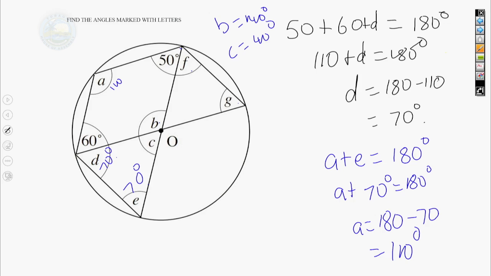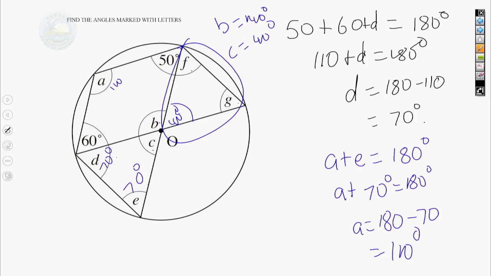Yeah? Now we have to find F and G. And F and G are both angles in what is that? That's an isosceles triangle. And we know that this angle is 40 degrees, which means that this angle is 40 degrees because these are vertically opposite.